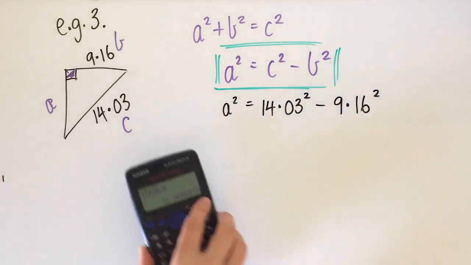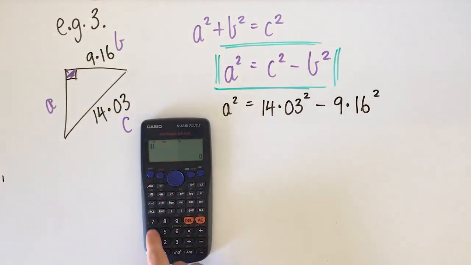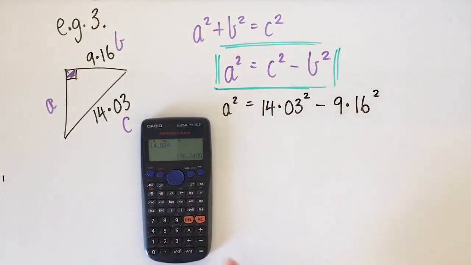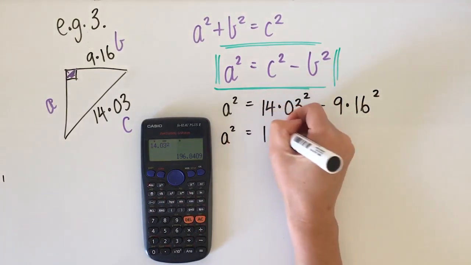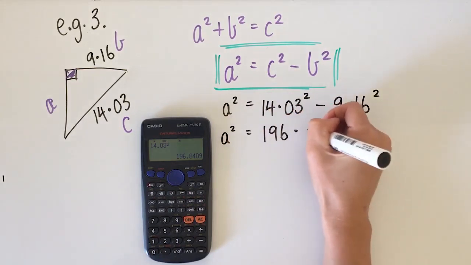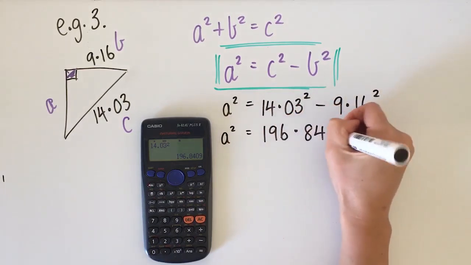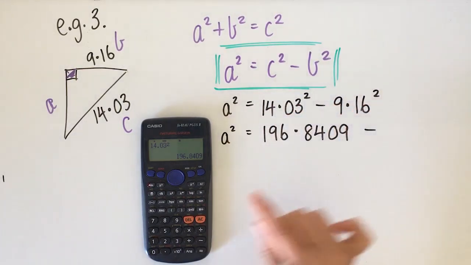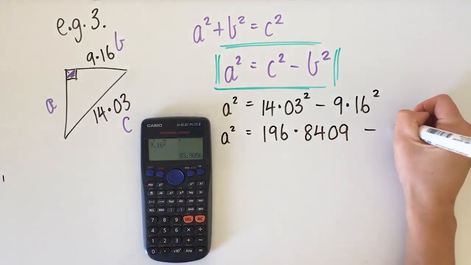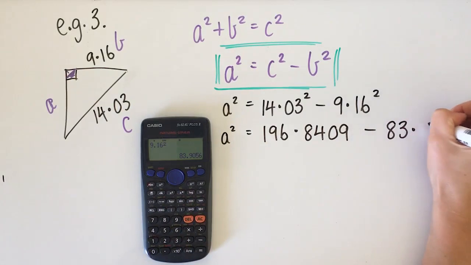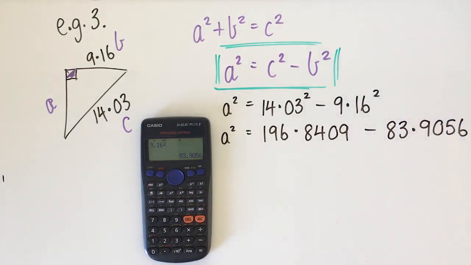This is where we need our calculator. 14.03 squared is 196.8409. 9.16 squared is 83.9056. These are obviously 4 decimal places.